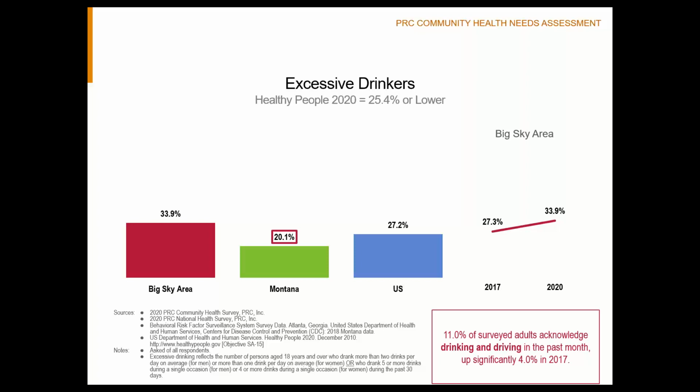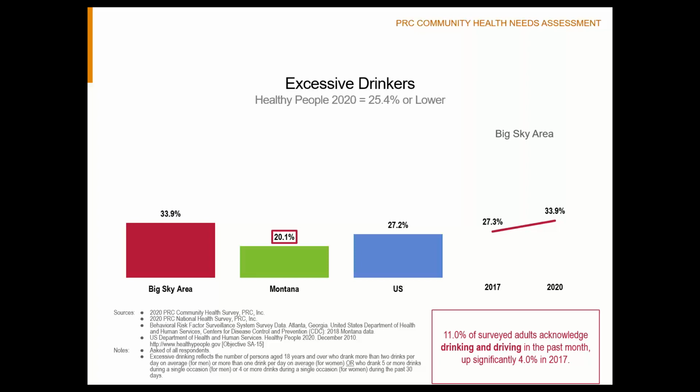So using these calculations, 33.9% of Big Sky area adults were found to be excessive drinkers, much higher than what we see in the state, but similar to the US, and no significant change from 2017.